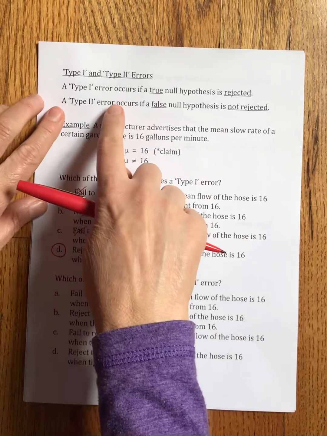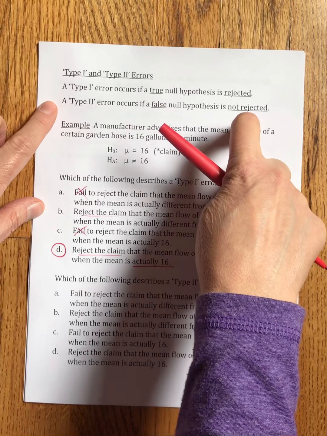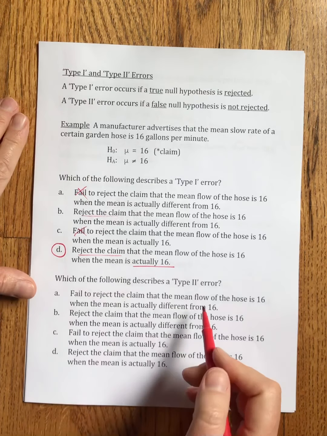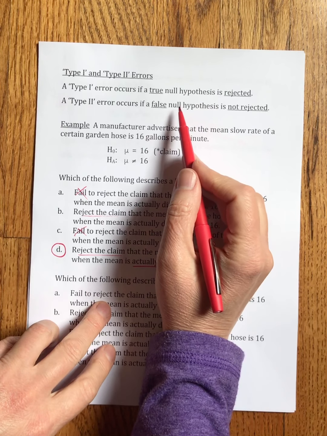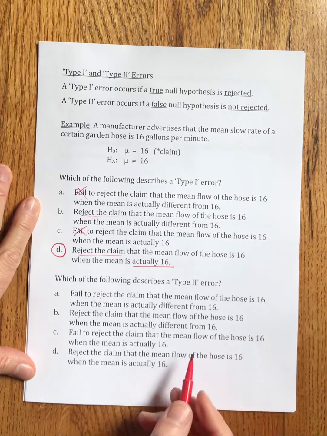On the other hand, maybe the null hypothesis was false, but we did not reject it. So kind of 2 different ways to make a mistake, accepting something that we shouldn't have. Type 2 error. So now we're saying that the mean really is not 16, but we messed up because we failed to reject it.